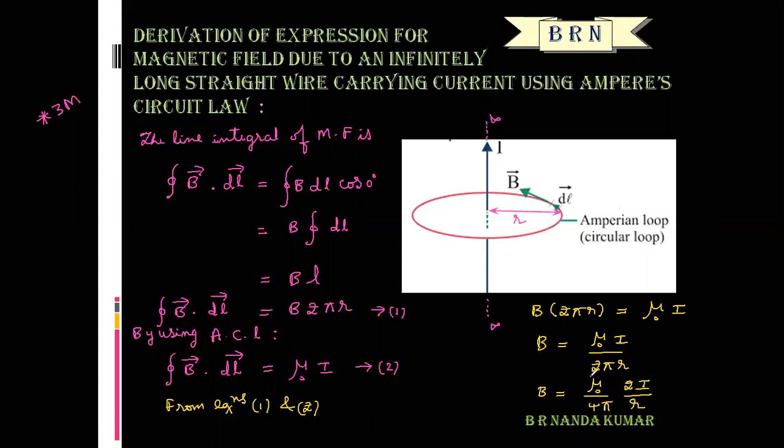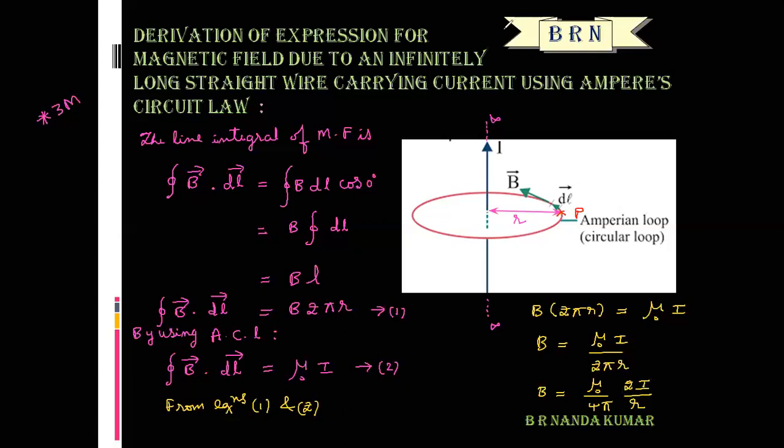So this is the expression for the magnetic field at a point due to a long straight infinite current carrying wire or current carrying conductor. Here P is the observation point, which lies on the loop located at a distance r from the wire. So the magnetic field at point P is mu naught divided by 4 pi into 2I divided by r.